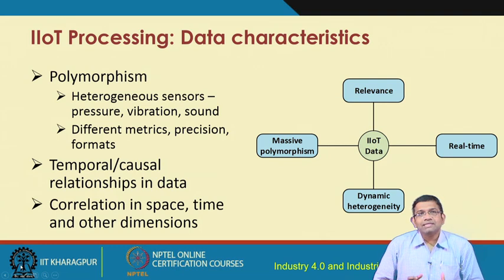So, this heterogeneous data from these different types of sensors will have to be dealt with, because they come in different rates, they are of different types, their data types are different and so on. So, they have different varieties; it is basically different types of data coming through a single pipe.